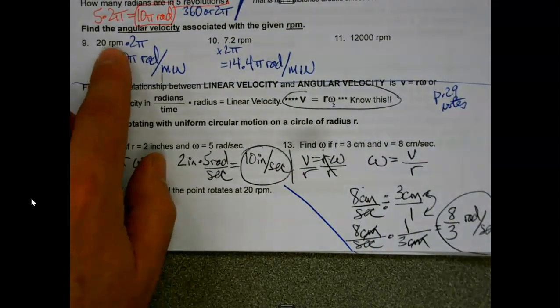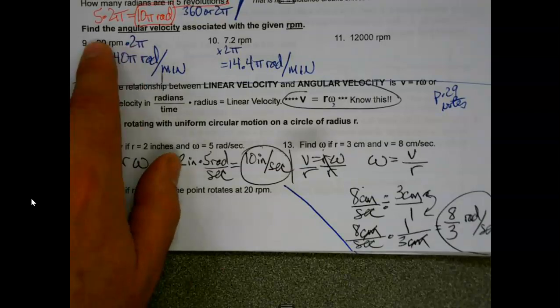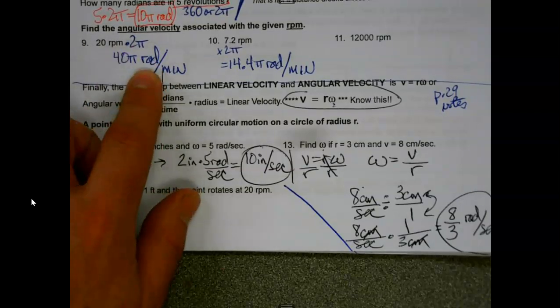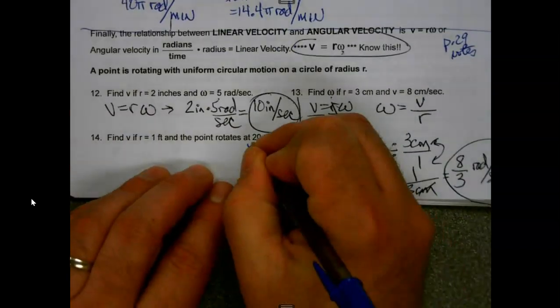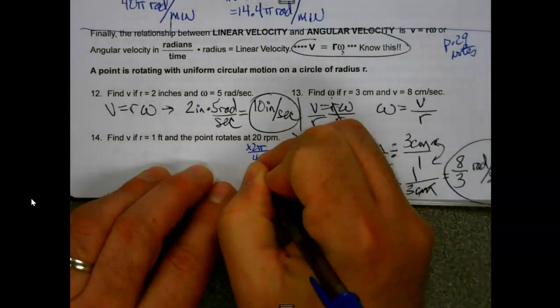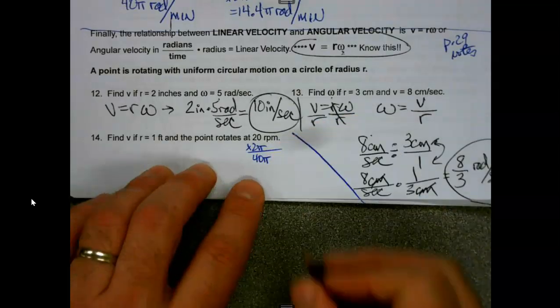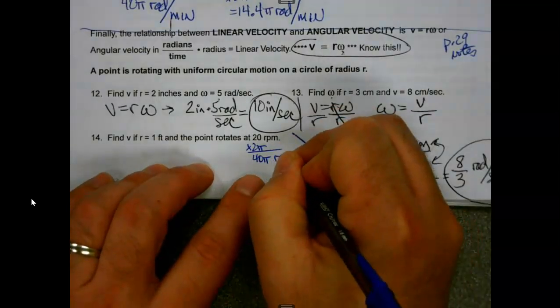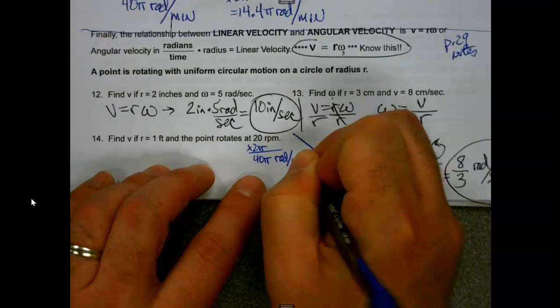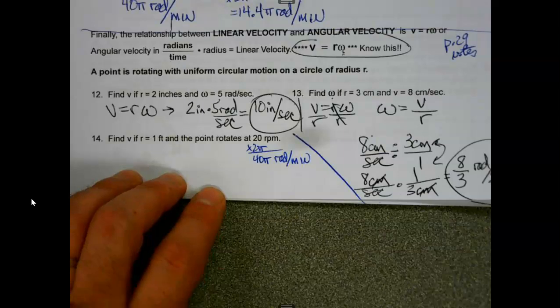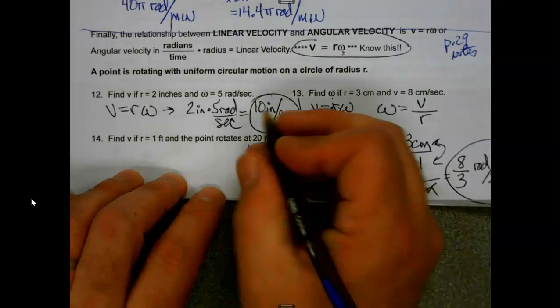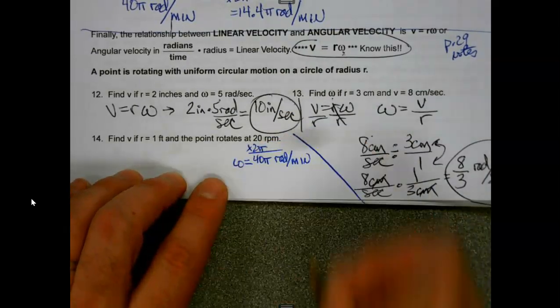If you're given revolutions per minute, you do need to multiply to get it into a radian form by 2 pi. So 40 pi radians per minute is going to be your angular velocity.